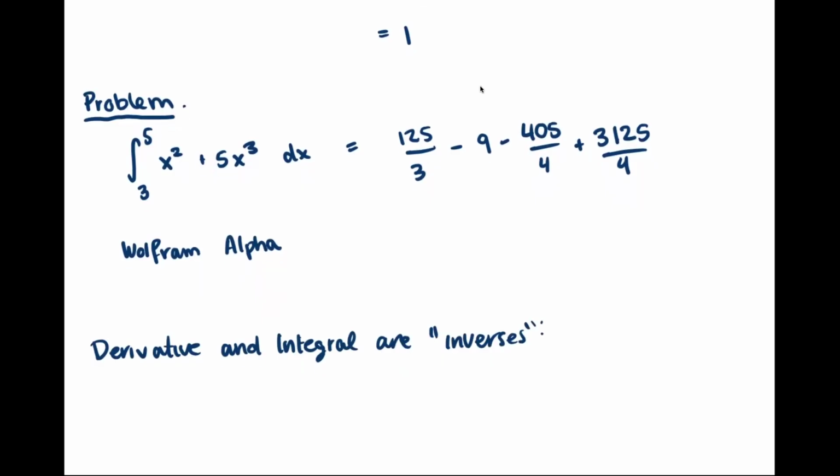The first fundamental theorem said d/dx of the integral from a to x of f(t) dt equals f(x). You could think of this as saying that the derivative of the integral of a function is the original function.